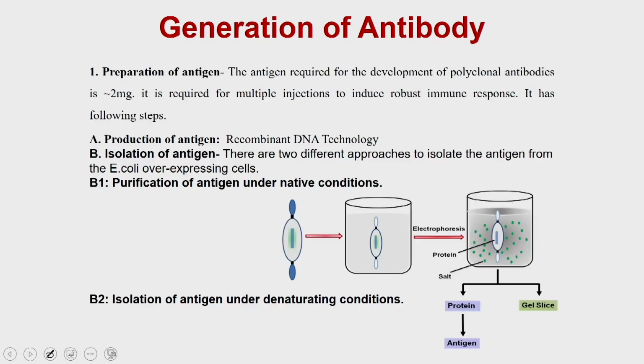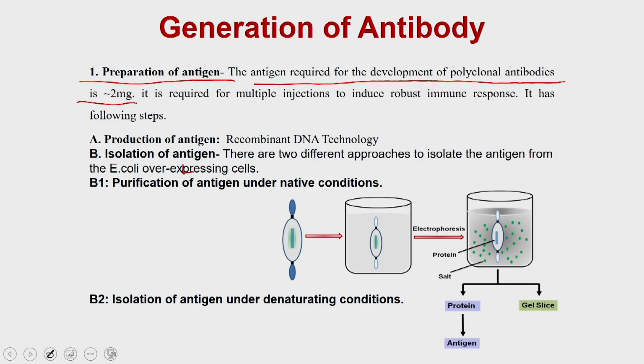First step is that you are going to prepare the antigen. The antigen required for the development of polyclonal antibody is approximately 2 milligrams. This depends on the animal you are going to use.